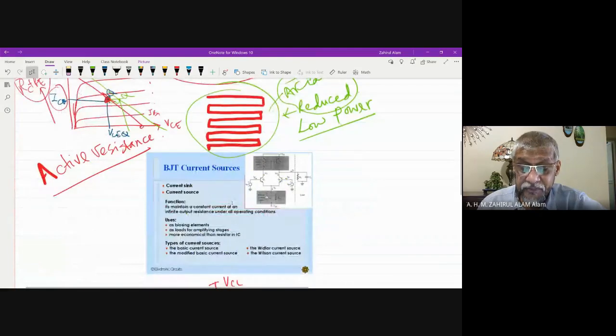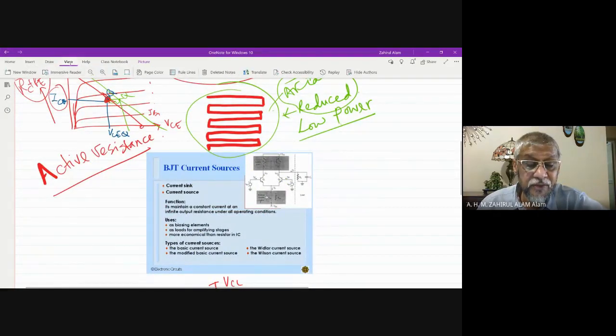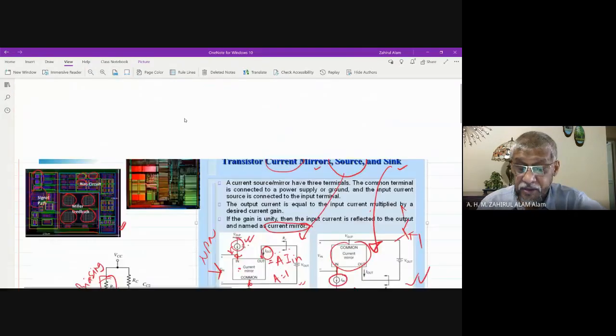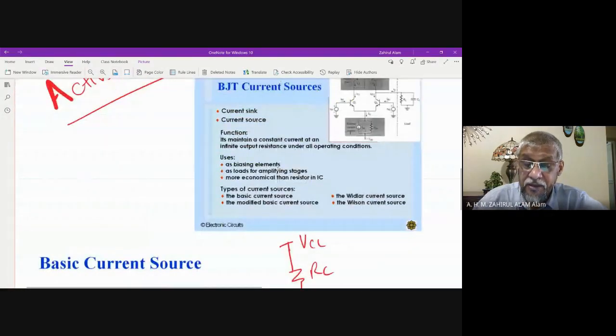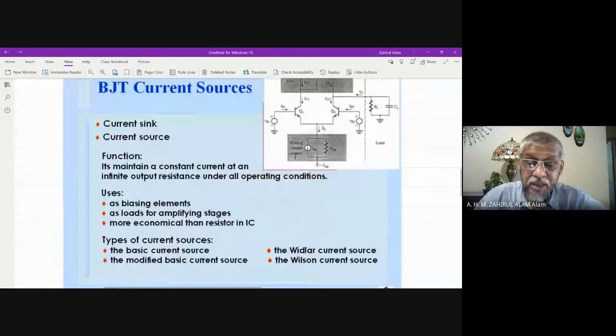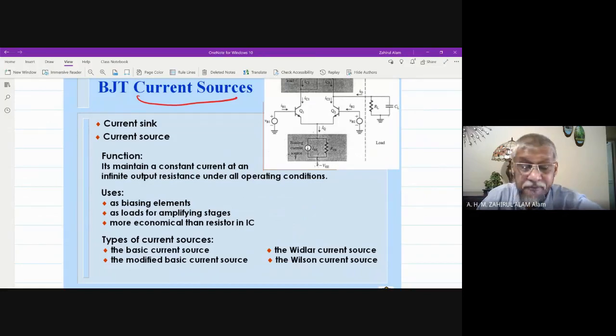we need to study the current source. What is a current source? So now we have mentioned we need to study the current source, either current sink or current source. What is the function of this current source?